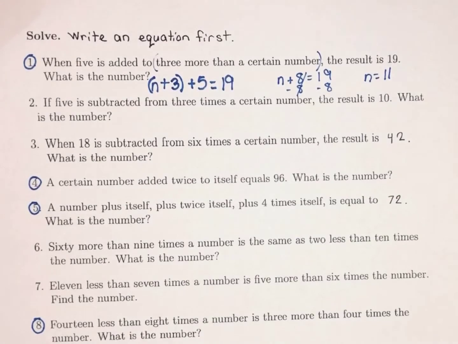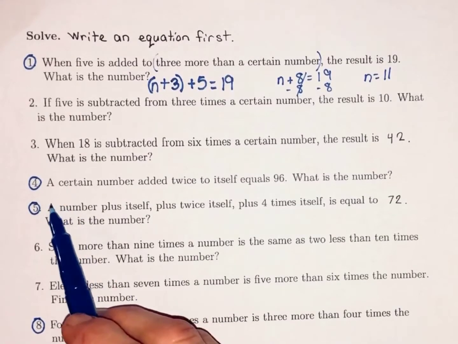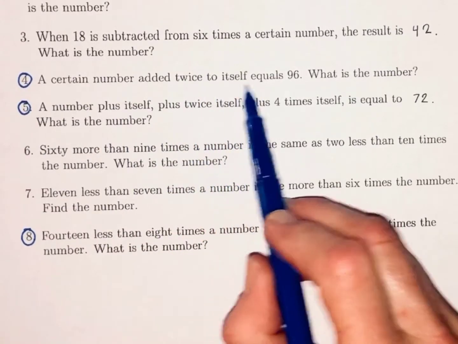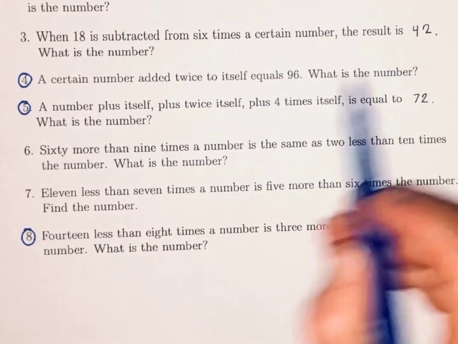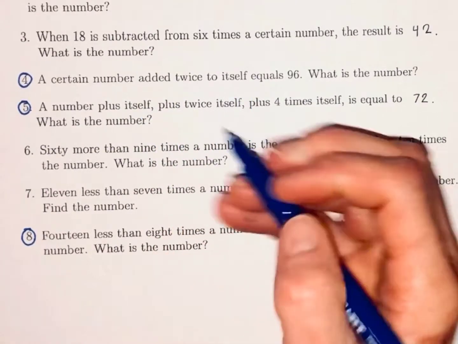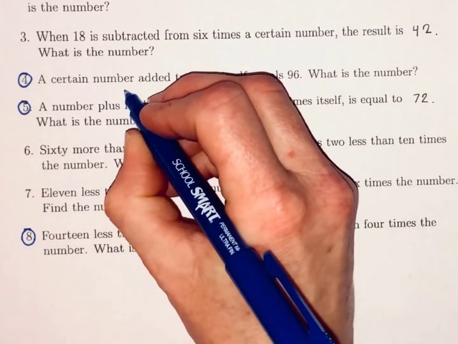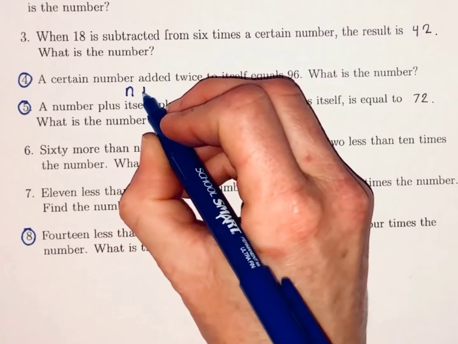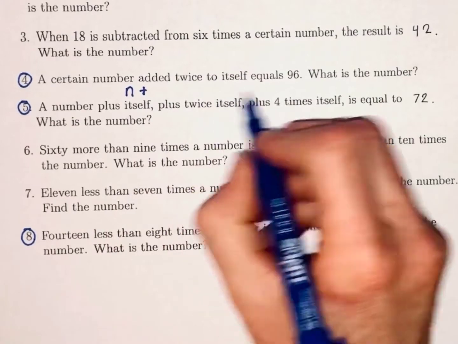Skip down to number 4. A certain number added twice to itself equals 96. What is the number? A certain number added twice to itself. So, our certain number added to itself twice.